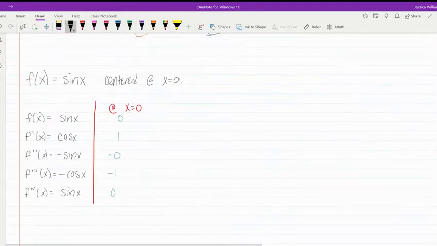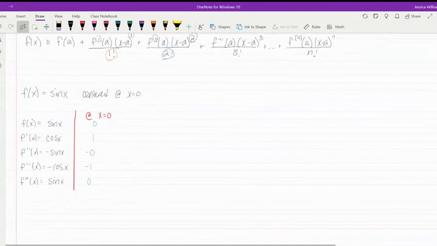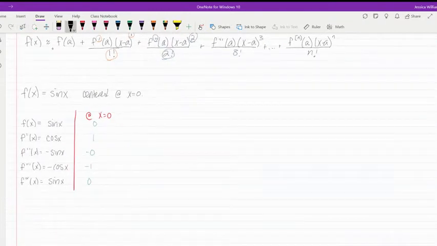So now we're going to go build. There's my Taylor up there. So my first one is f of a, f at the center, f at 0 is just 0. So we've got sine. I'm going to write it even though I know it's not there because I want you to see all the pieces. Plus first derivative, x minus 0 to the first over 1.